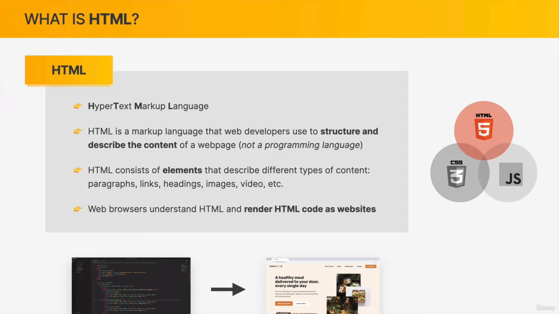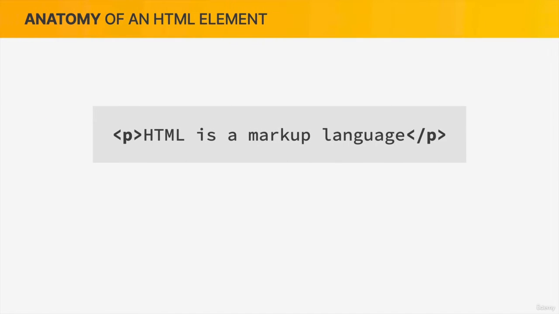But now let's just zoom in a little bit and take a look at the anatomy of an HTML element. So basically, take a look at the building blocks of each HTML element. And again, we are looking at the paragraph element here, as you can see by the P. And so all of this here is actually the element itself.